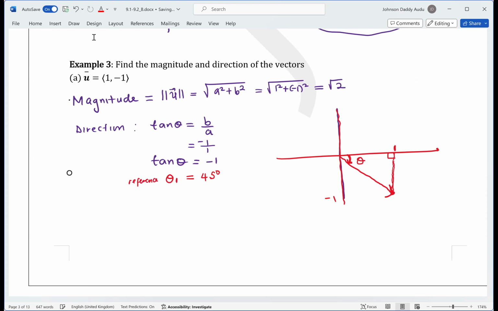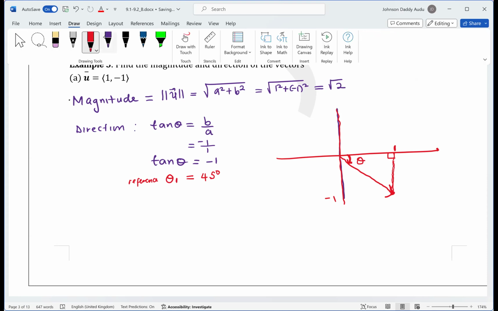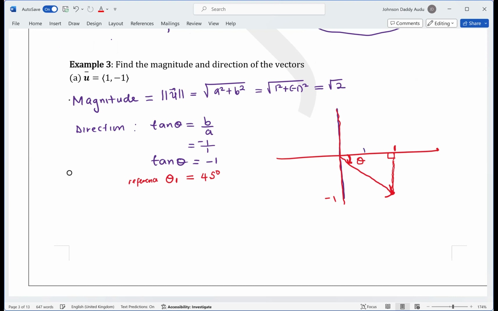Okay. But now, if you look at this, this is happening in which quadrant? In the 4th quadrant. So if you want to find the standard, it's going to start from here, but it has to go around and come here. So this is the main theta we are looking for. And now you can see that this purple theta plus this red theta, which is already 45, is going to be 360, right?